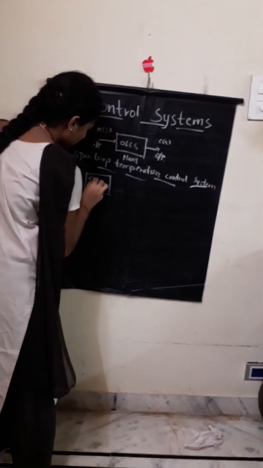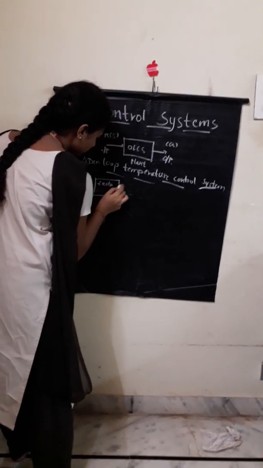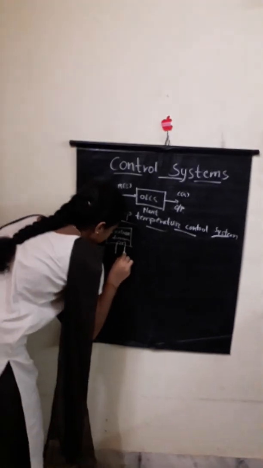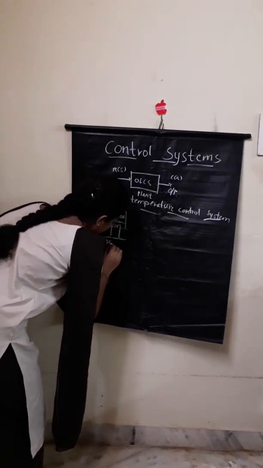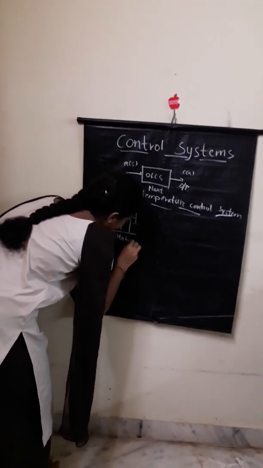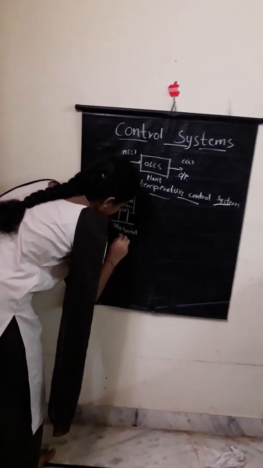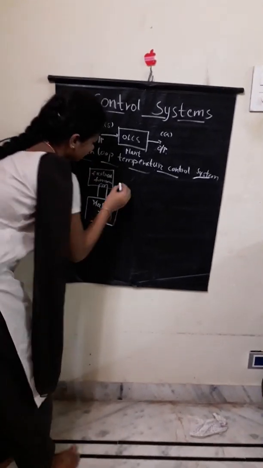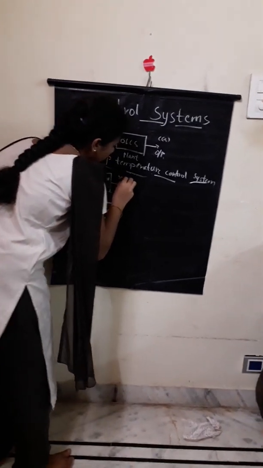This is the electrical furnace. This is the mechanical relay. Here it is the sensor.